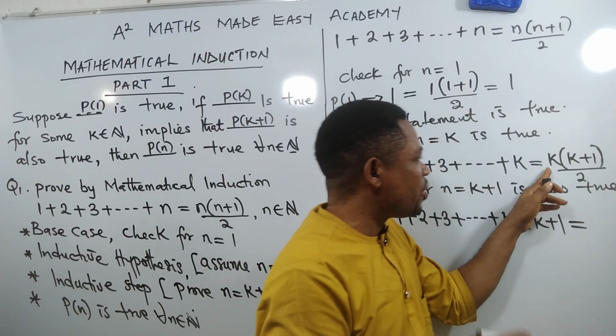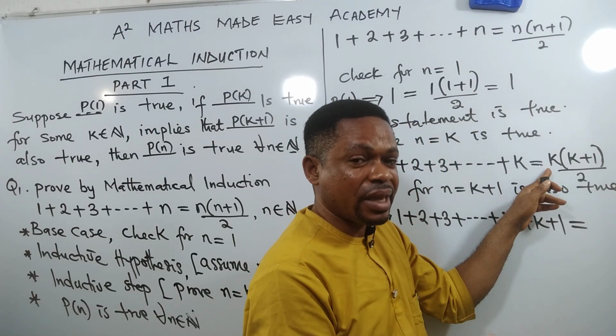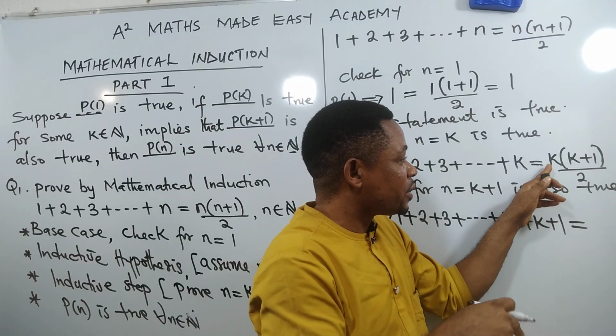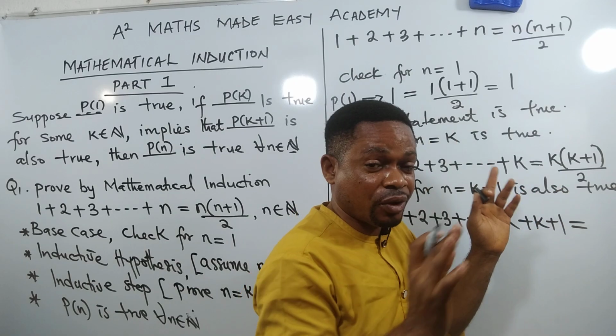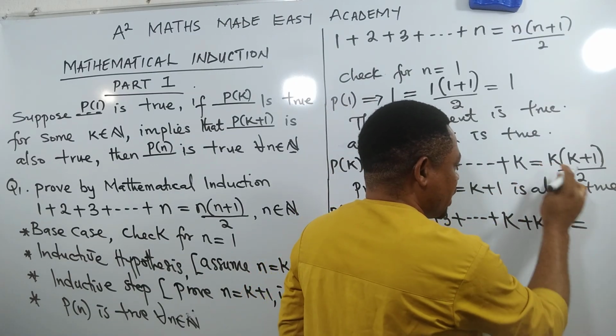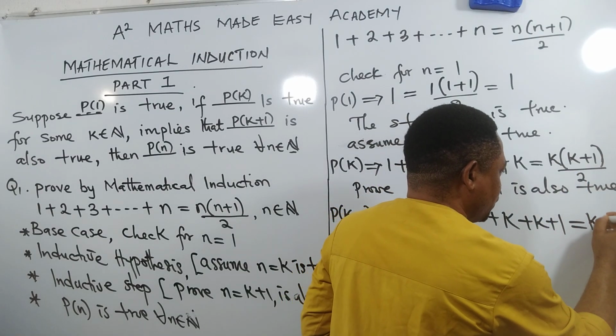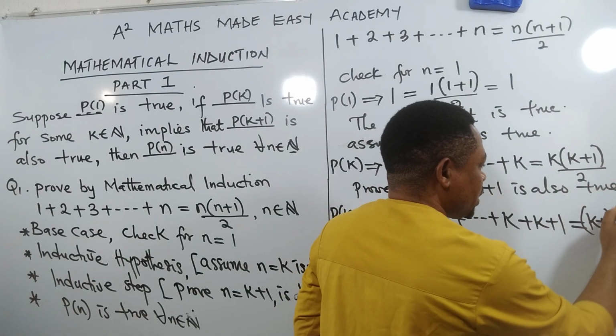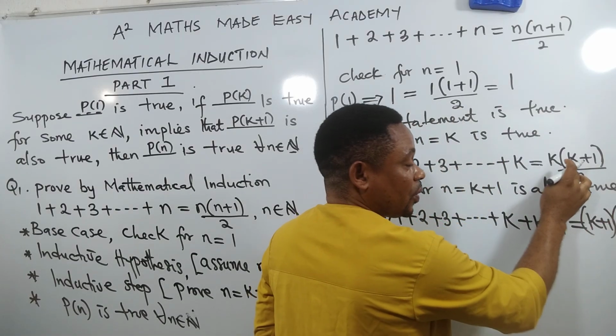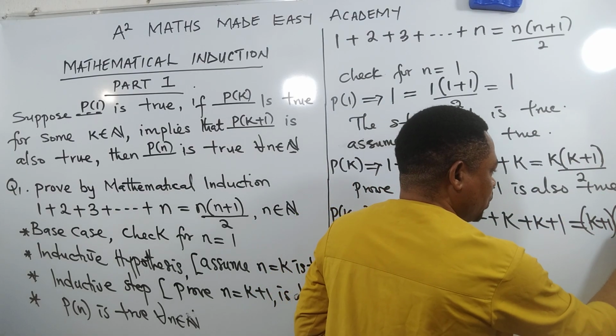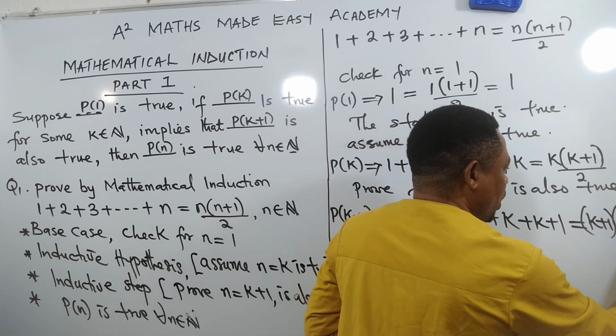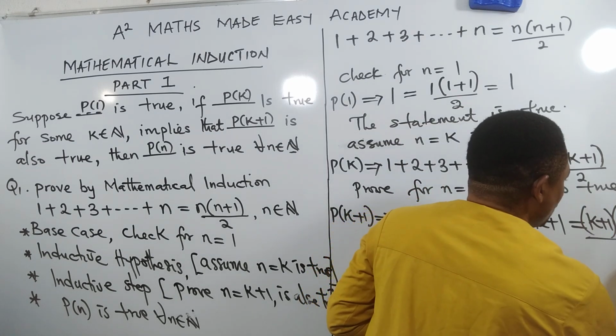I repeat, anywhere you come across k in the right hand side, remove that k and put k plus 1. This is k, I'll remove it and introduce k plus 1. Close the bracket. Then open again. This is another k. Remove it and introduce k plus 1. Finally plus 1. Close the bracket. Then all over 2.